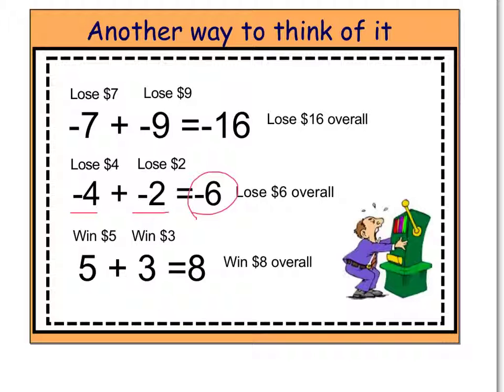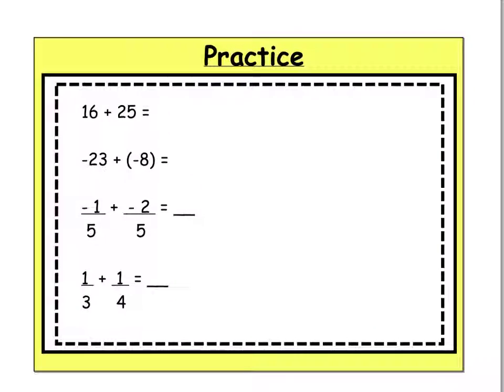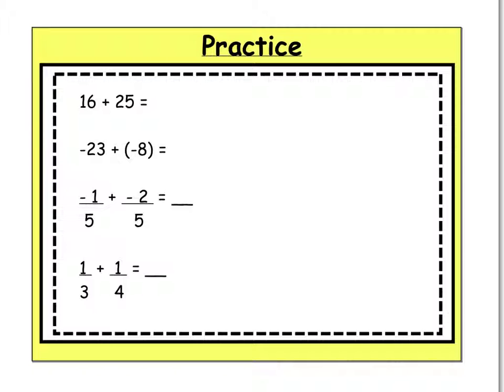Now if I'm talking about winning $5 plus winning $3, I won $8 overall. So here were the questions at the very beginning which we should be able to answer. What I want each of you to do is take a minute and try to answer the following questions.